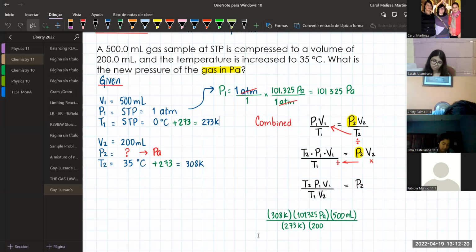So you cancel out Kelvin with Kelvin and milliliters with milliliters, leaving your pascals alone. All this is equal to pressure 2.